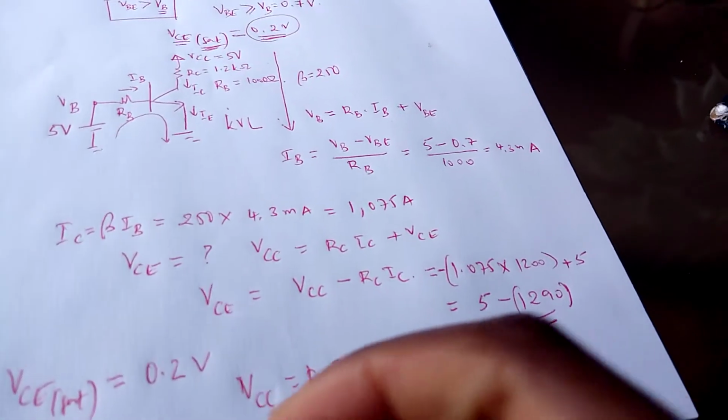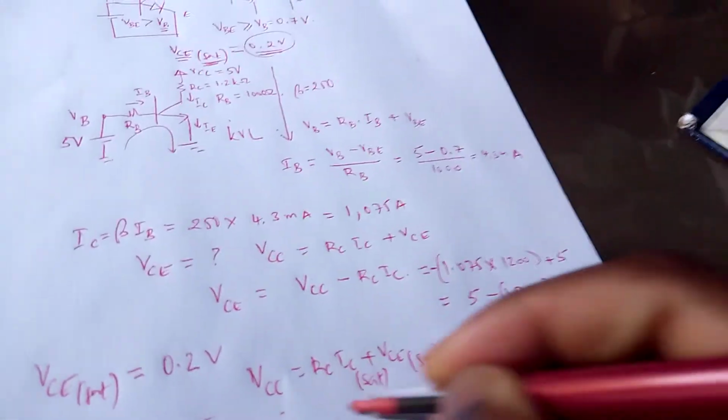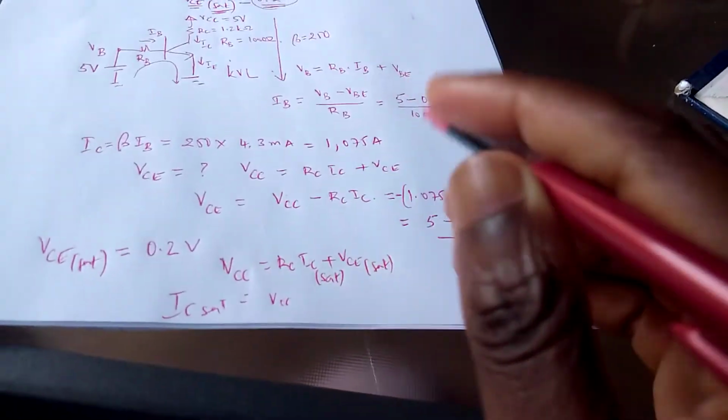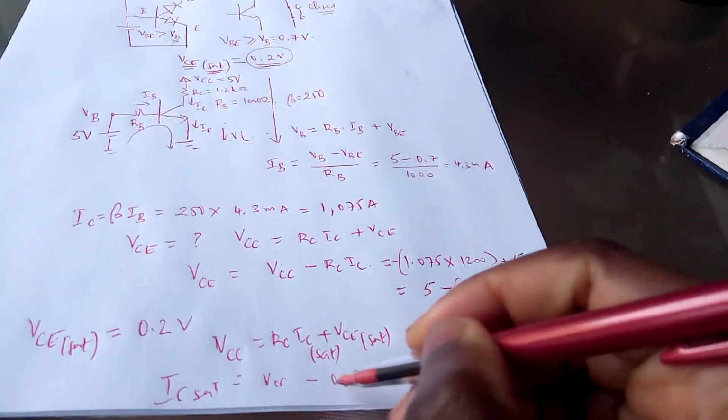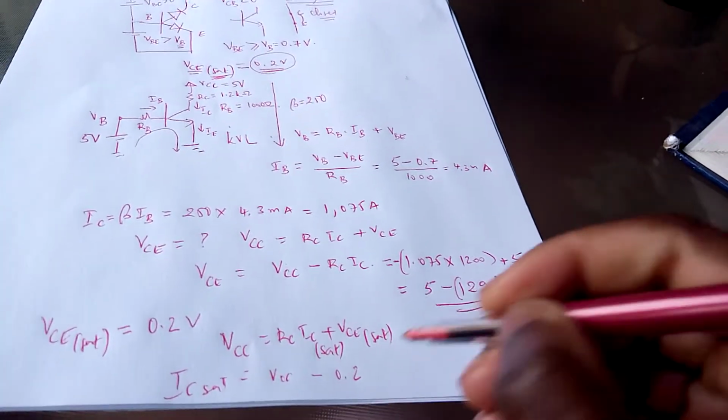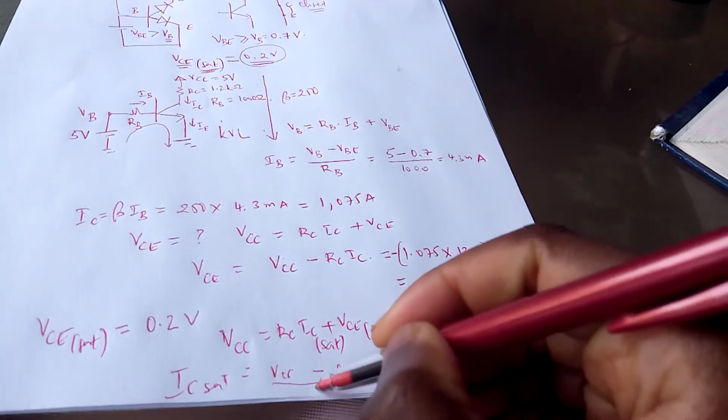So IC under saturation will be equal to VCC minus VCE, which is 0.2 under saturation, and all of that divided by RC.